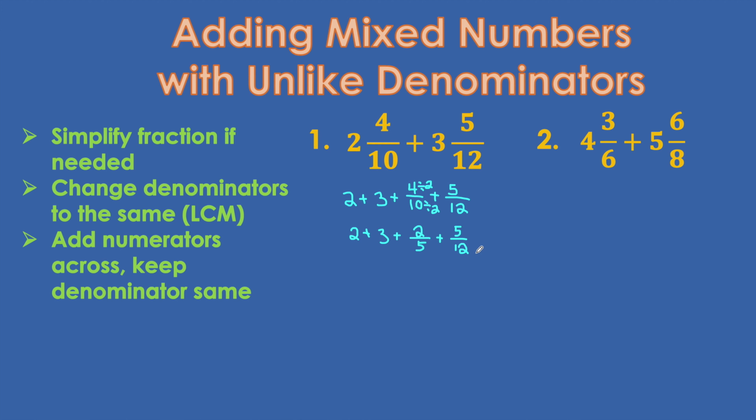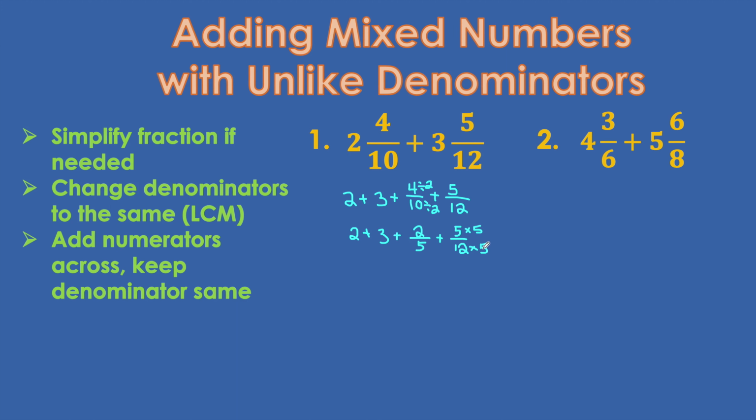And if you remember, when we were practicing how to add fractions together, we had to find our least common denominator. And we're going to do the same thing here, since now we're working with fractions. So we're bringing our skills back. We have to find the least common multiple, which is going to be 60. So we multiply 12, the denominator of the second fraction, by 5. Multiply bottom by 5, so we multiply top by 5.